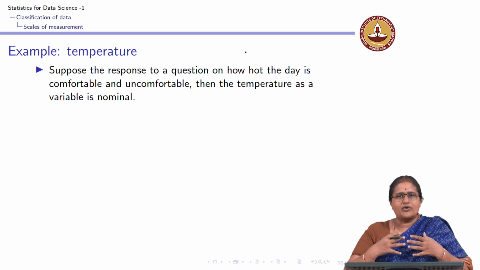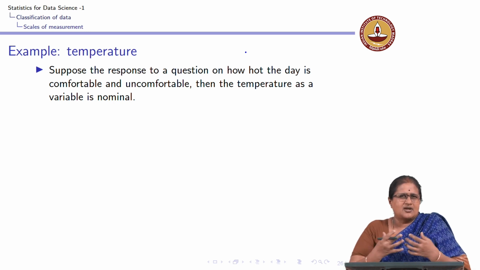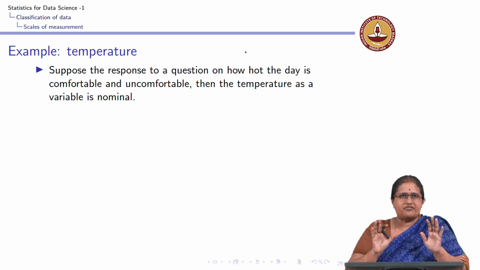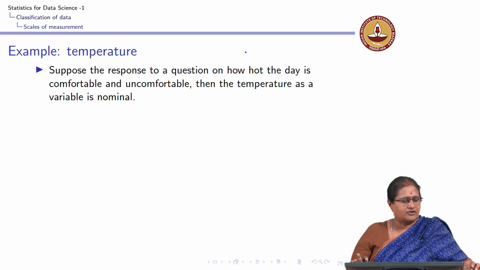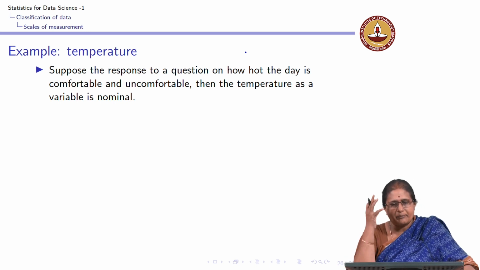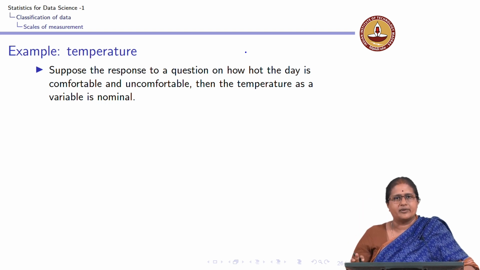I really am not grading or ordering this feeling. It is categorized into comfortable and uncomfortable, and in a sense you might feel that there is an order, but at this point I am not having any order between comfortable and uncomfortable. Temperature is the variable of interest, and here you can see temperature is a nominal variable.